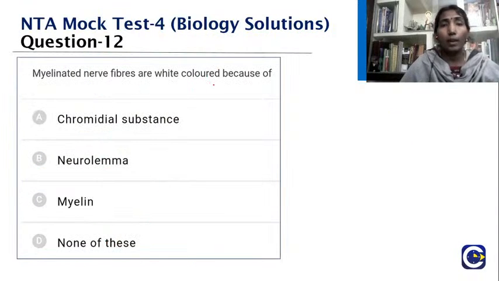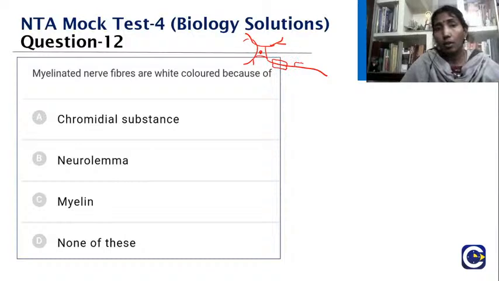Myelinated nerve fibers are white colored because of: chromosomal substance, neurolemma, myelin, none of these. So when you look into the structure of the nerve, particularly the axon, which we call the nerve fiber, these are the dendrites, and then we have that covering.